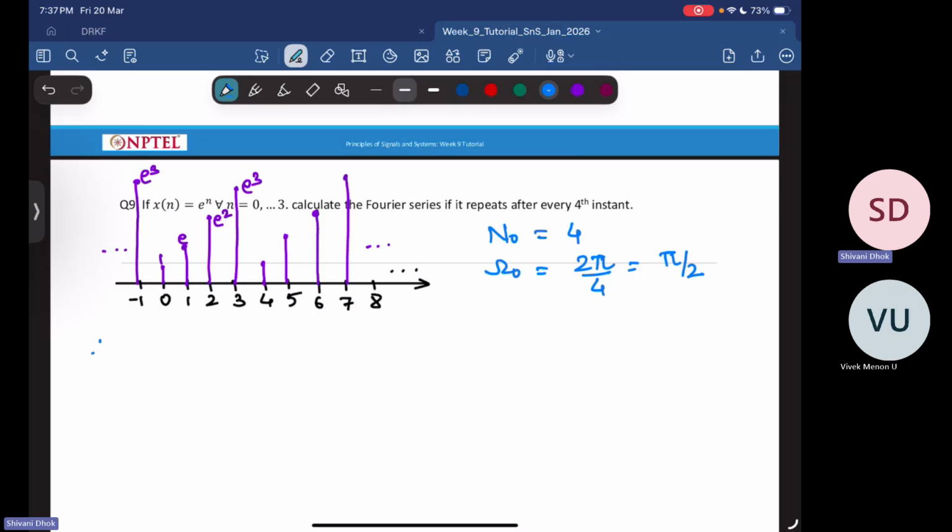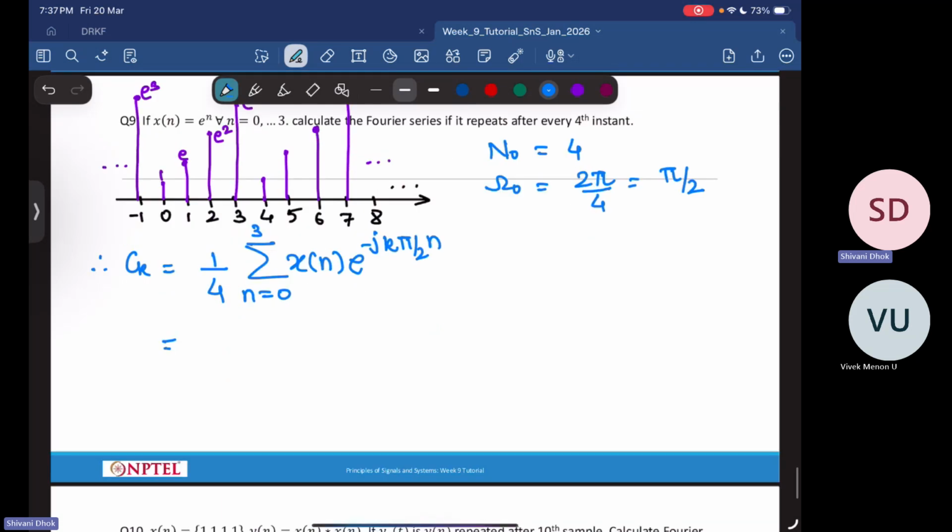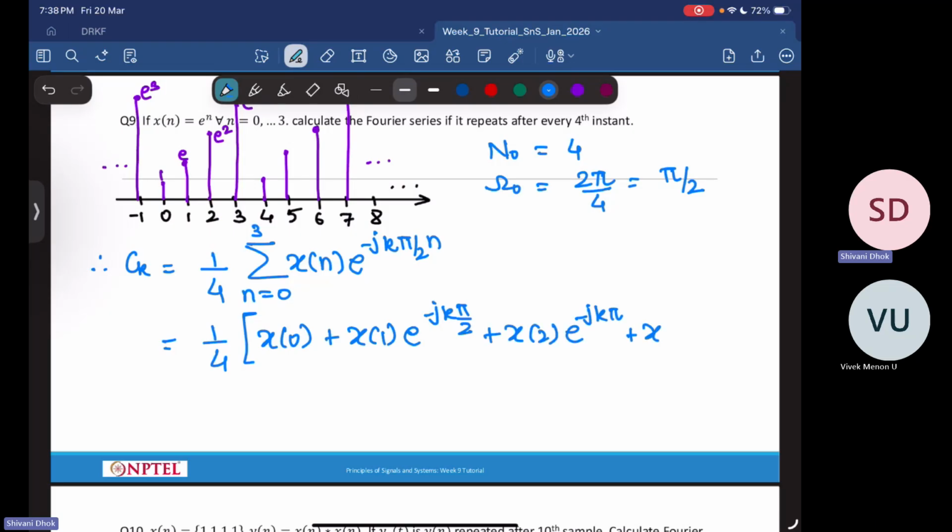Therefore your c_k is equal to 1 by N naught, summation n running from 0 to 3 of x of n into e power minus j k pi by 2 n. Again, we have the same thing. We have 1 by 4 times x of 0 plus x of 1 into e power minus j k pi by 2, plus x of 2 into e power minus j k pi, and plus x of 3 into e power minus j k 3 pi by 2.